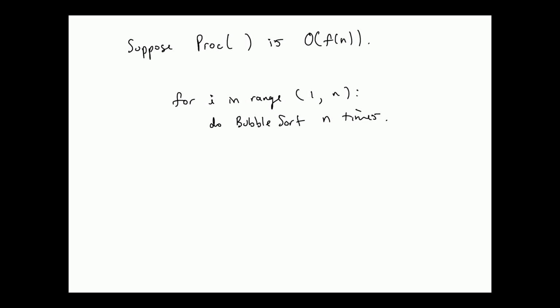What this would mean is, if I have 10 cards, I do the bubble sort 10 times; 100 cards, 100 times; 1,000, 1,000 times, and so on. Let's call this our new process. What is the complexity of this new process if I do the bubble sort algorithm n times?